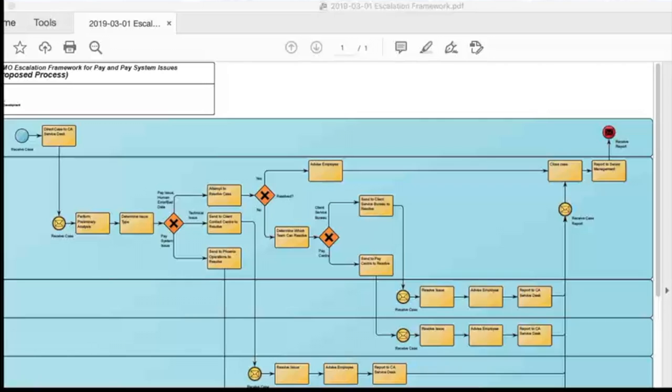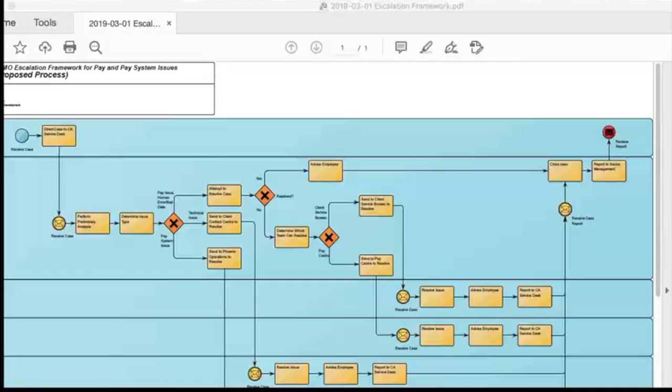But generally, just in case you're not familiar with BPMN, it stands for business process model and notation. It's a graphical representation of a business process and/or a business process model. It is a standard, and it's an ISO standard actually, which I did not know, but it is.